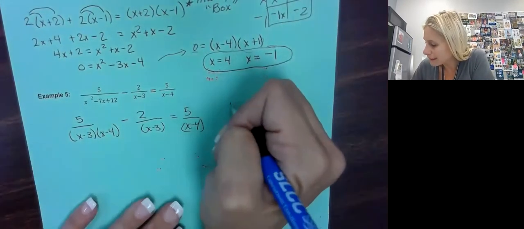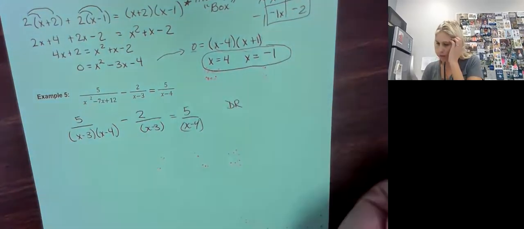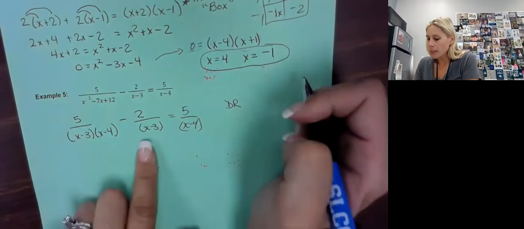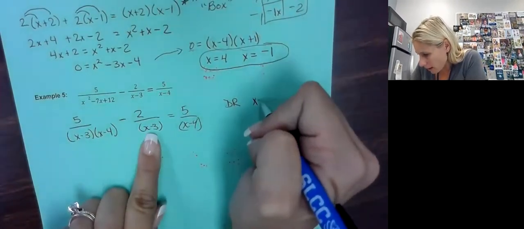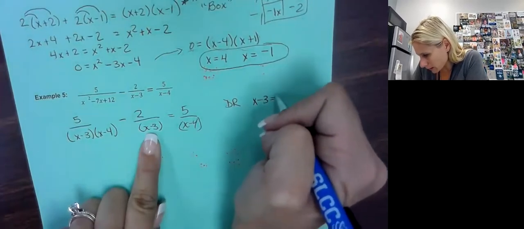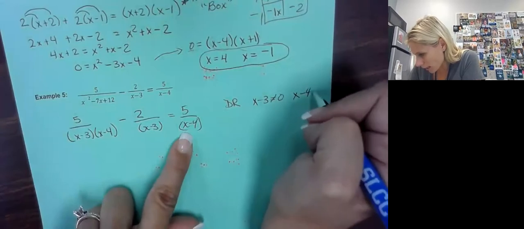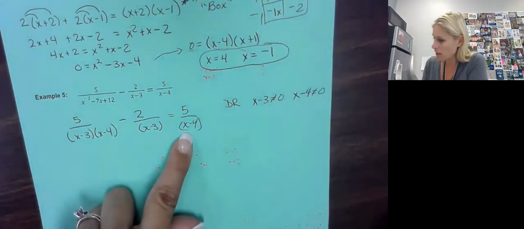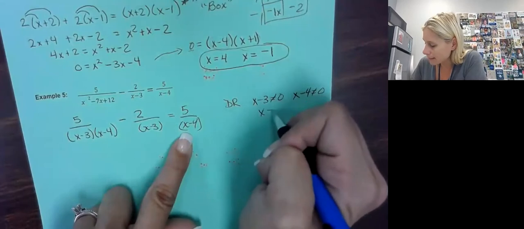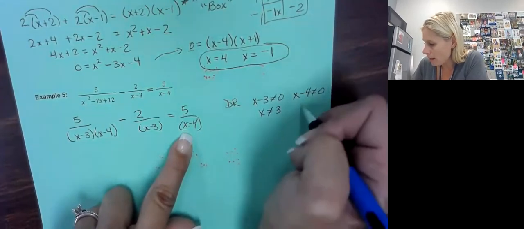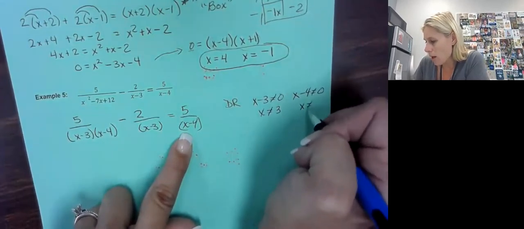Domain restrictions. It looks like it's just that x minus 3 can't equal 0, and that x minus 4 cannot equal 0. So that means x cannot equal 3, and x cannot equal 4.